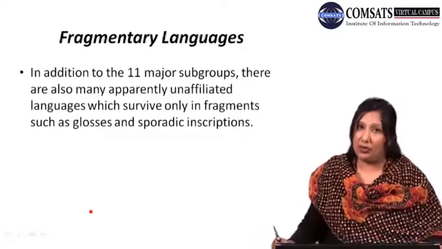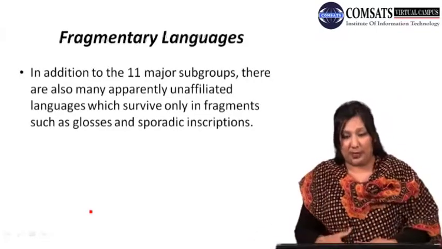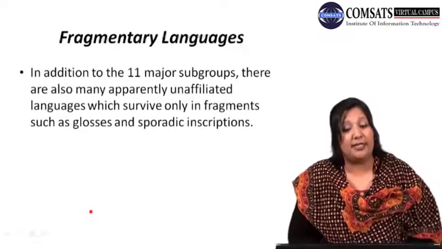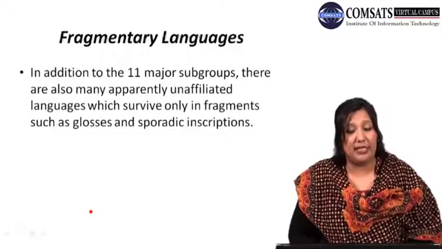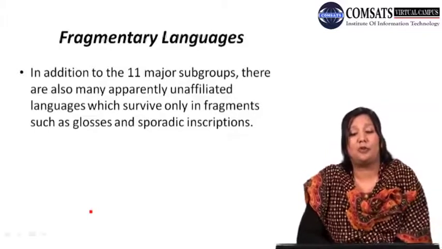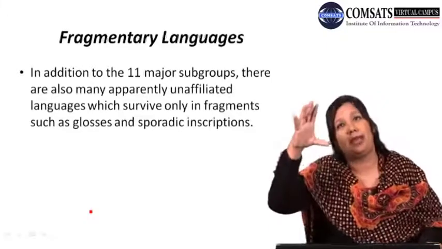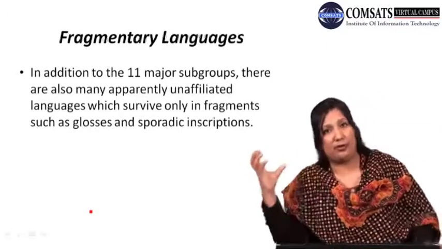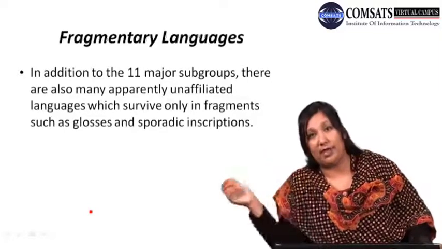Now there comes another concept. When we have looked at the different branches of the languages, the next concept is that of fragmentary languages. In addition to the 11 major subgroups, there are also apparently unaffiliated languages which survive only in fragments, such as glosses and sporadic inscriptions. We are saying that there is one main language, then this main branch is further subdivided into 8 or 9 branches, which are further subdivided into different languages.